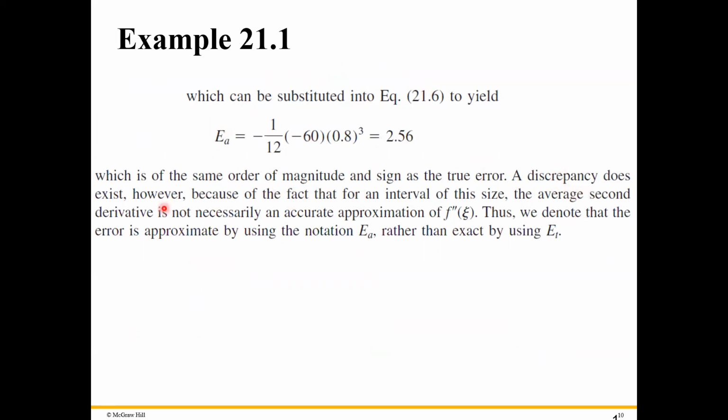A discrepancy does exist, however, because for an interval of this size, the average second derivative is not necessarily an accurate approximation of f double prime of psi. Thus we denote that the error is approximate, using this notation rather than exact using Et. So that was example 21.1.